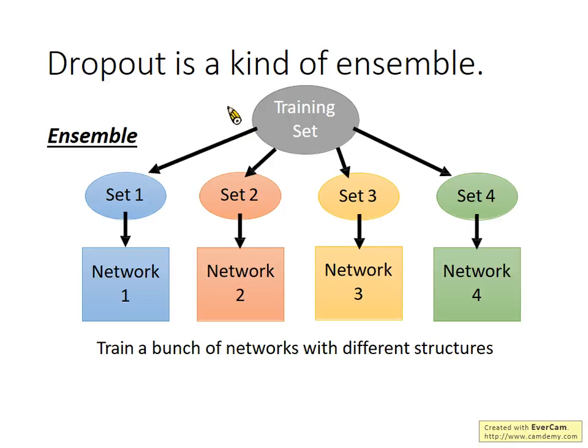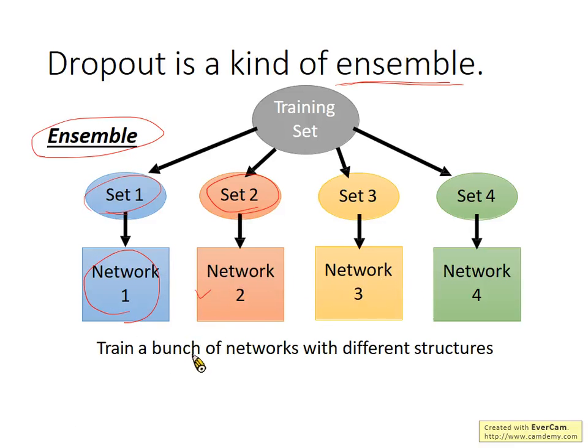There is another viewpoint to explain why dropout works. Dropout can be viewed as a kind of ensemble. The so-called ensemble is a collection of models. Given the training data, we can divide it into several sets. Based on the first set, we can train network number 1; based on the second set, we train network number 2, and so on.